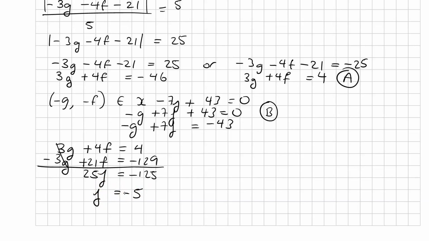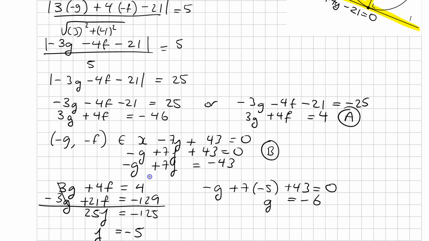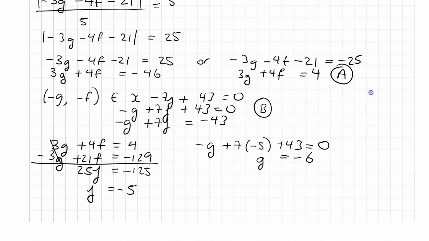Okay, so that's the first one, and then we need to find g. So minus g plus 7 times minus 5 plus 43 is equal to 0. Working that out, I get g equal to minus 6. Now we already know the radius is 5, and we know the center now.